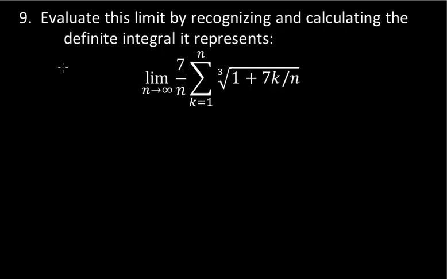So let's see, our function, these are pretty easy. You can see that the function f of x will be the cube root of x, and a is equal to 1, because we know that this is f of a plus k jumps of delta x.